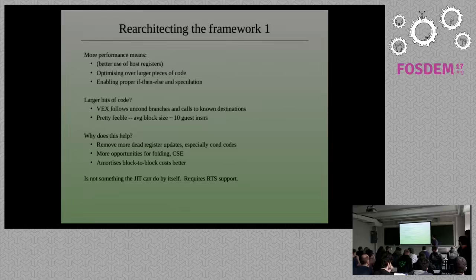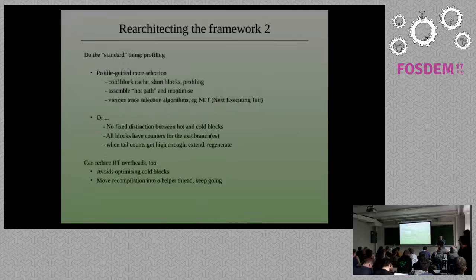Yeah, so longer blocks help. But having longer blocks is not something that the JIT can do by itself. This is something that the runtime system that surrounds the JIT and controls it needs to help with. And in particular, we want to do maybe a more traditional two-speed just-in-time compiler.